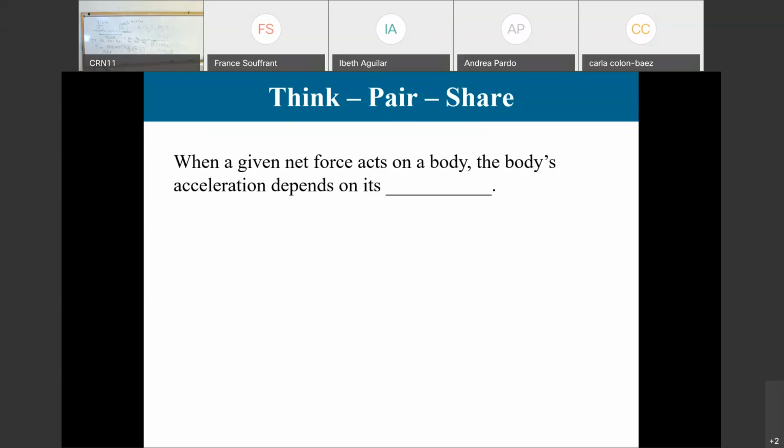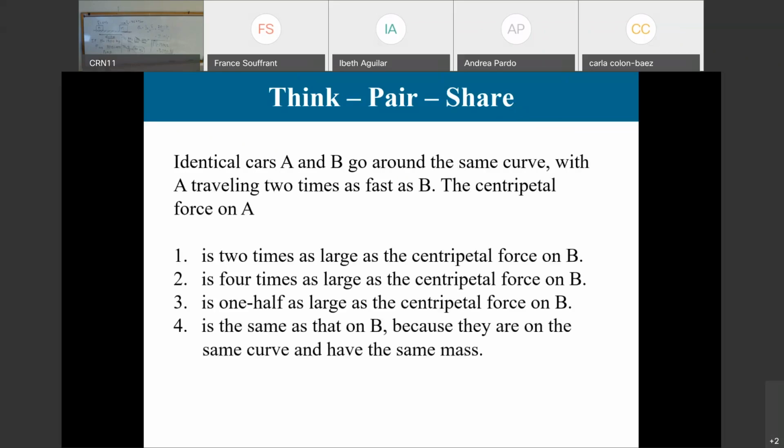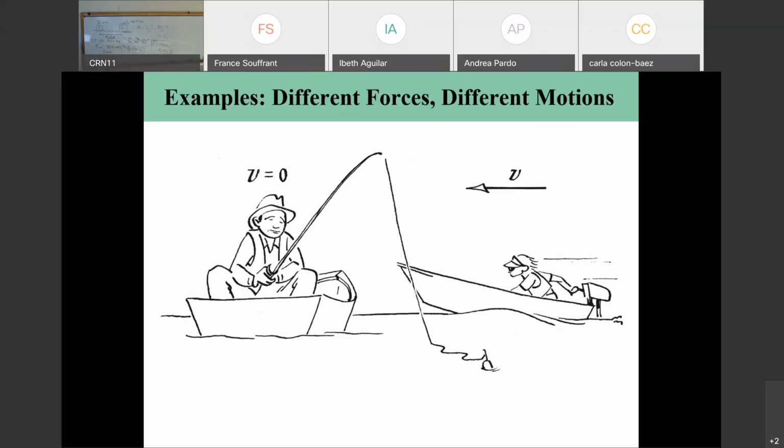The mass is the factor that affects the acceleration of a body. The mass is the resistance to acceleration, all right? The weight of an object is equal to what? Mass times the acceleration of gravity, right? Yeah. Good job.